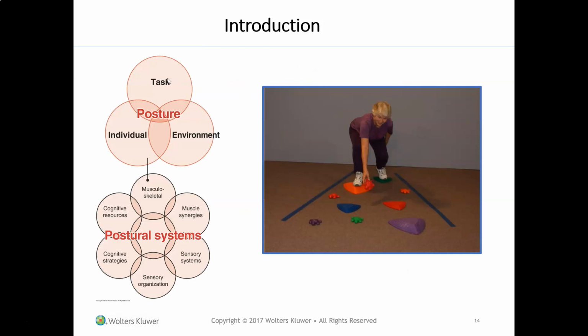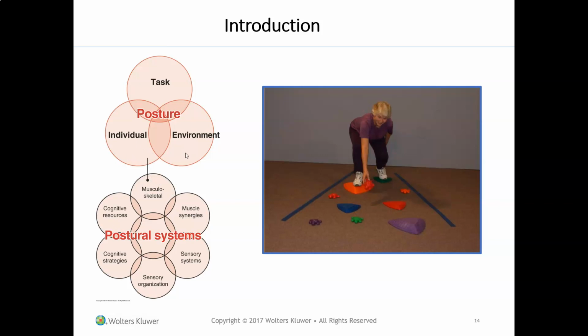So if you look at the task, the individual, the environment, again, that's your postural control. What affects that? Well, it could be musculoskeletal, it could be cognitive, it could be muscle synergies, sensory systems, sensory organization, cognitive: do they even understand what you're trying to tell them? So these postural systems will all be affected from the individual.